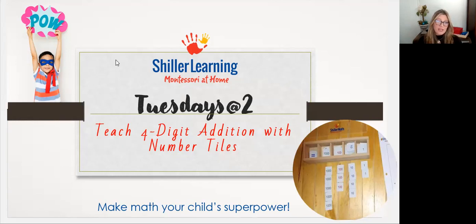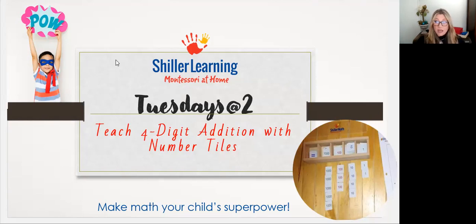Now, a recent prior session that we did was 4-digit addition with decimal material, your beautiful base 10 blocks, and the number cards. That is that absolute concrete learning by doing. They're doing the operation with the actual materials.